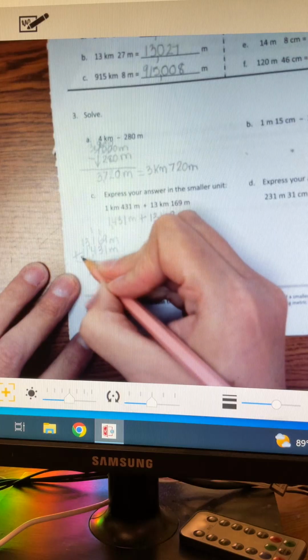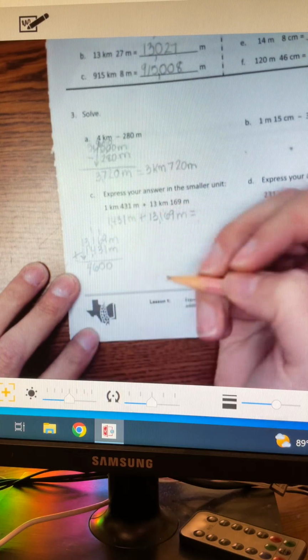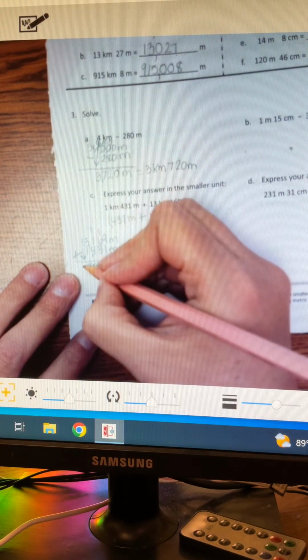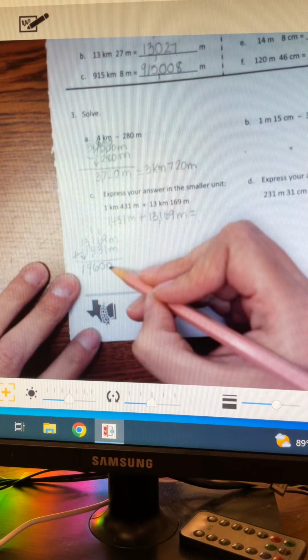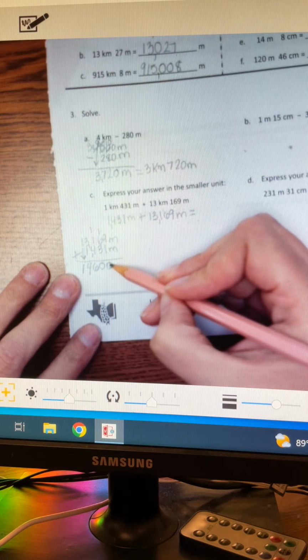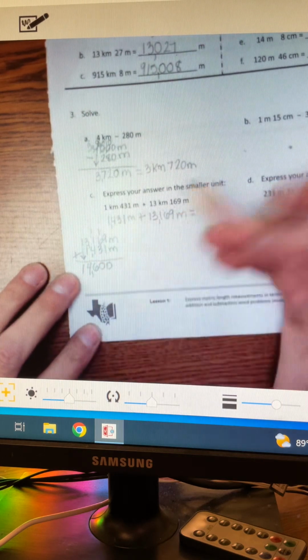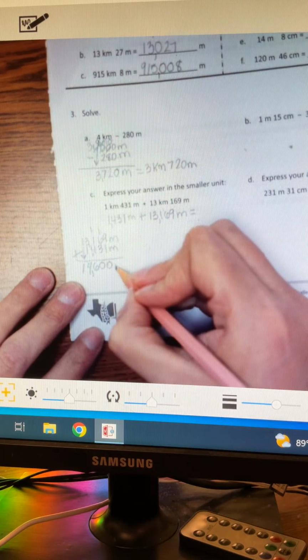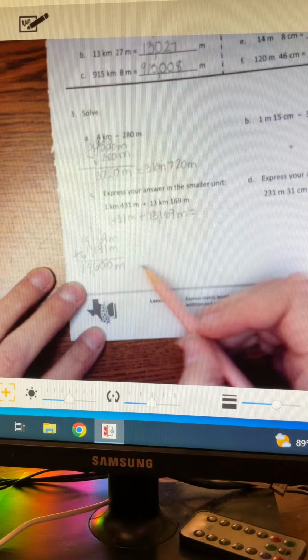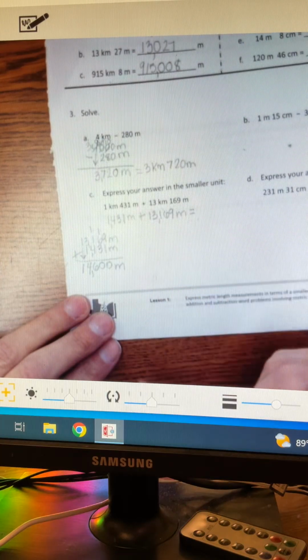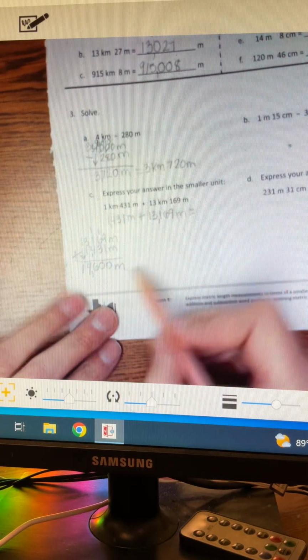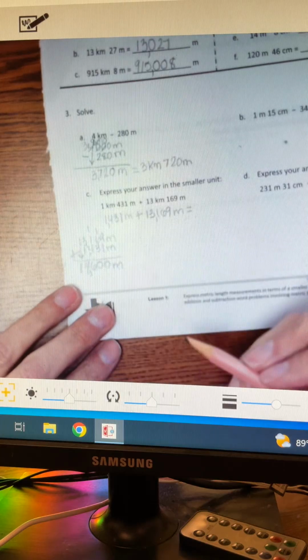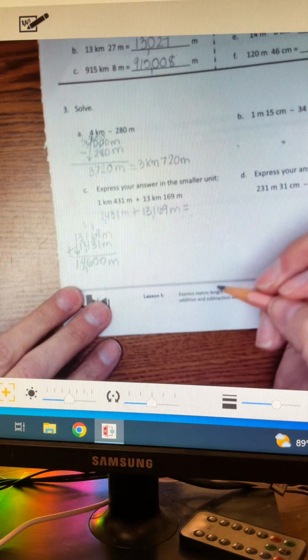And then we have nothing to add to our 1 in the 10,000 place, so we're going to just bring that down. Remember to put your commas in. 1, 2, 3. We have 14,600 meters. Meters are the smallest unit. That's why we converted them first. So this is your answer, 14,600 meters.